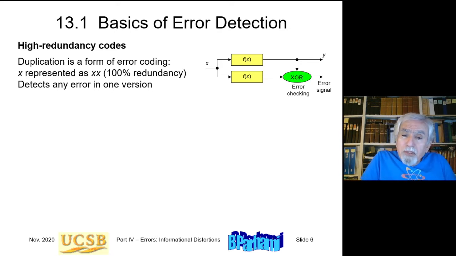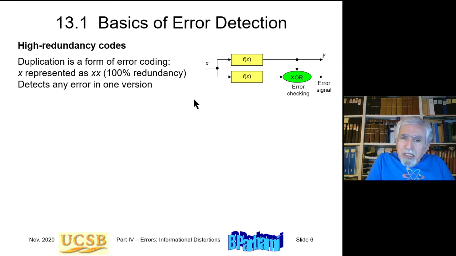However, this method of error detection has a very high redundancy, 100%, not even counting this comparison circuit XOR, which is not very complex compared to the two copies. It's 100% redundancy.